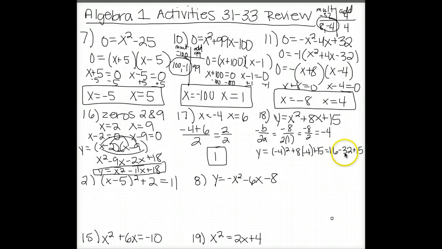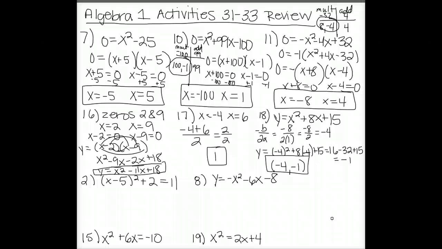So 16 minus 32 is -16. -16 plus 15 is -1. So now this one did say what's the vertex, so this one does need to be in ordered pair format. -4, -1 is our vertex.